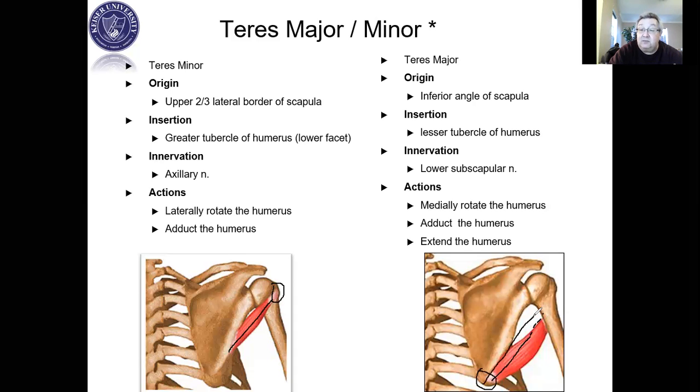Remember, latissimus also internally rotates the humerus. Latissimus adducts the humerus, and latissimus is the main extender of the shoulder. These are the same three actions that teres major performs. Teres major performs internal or medial rotation. It brings the shoulder back from abduction, and it does shoulder extension.